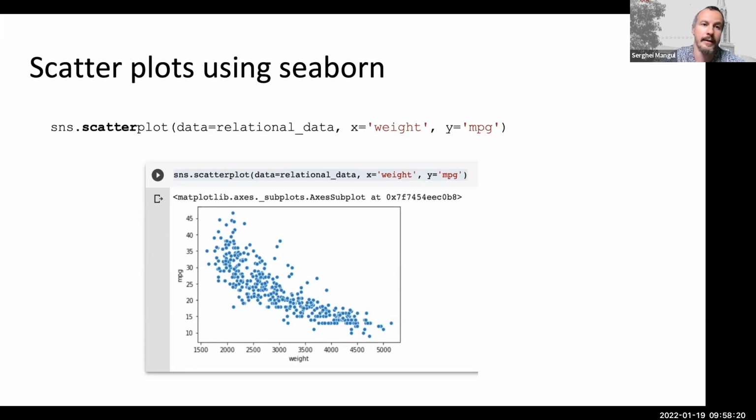So you put 1 gallon in the car and only 15 miles. Now, if the car is light, then generally it can go more, up to 45, right? So that's what you can learn from this plot, just looking at the plot.